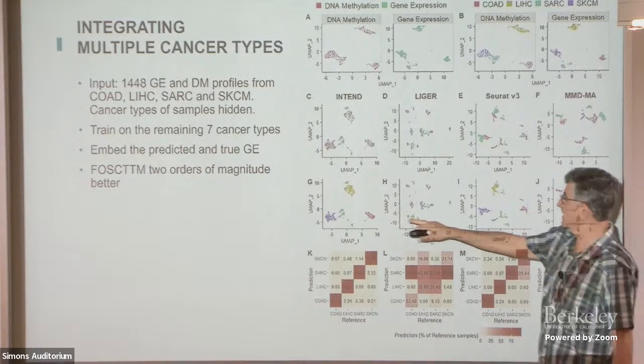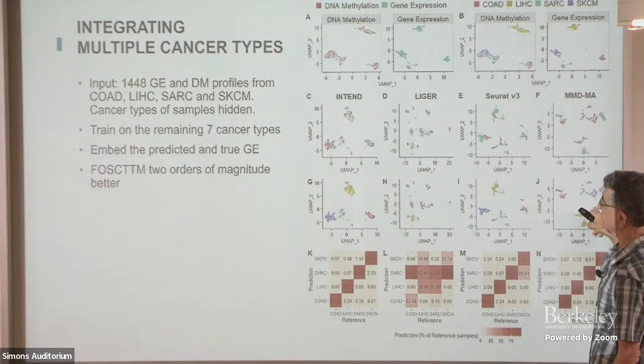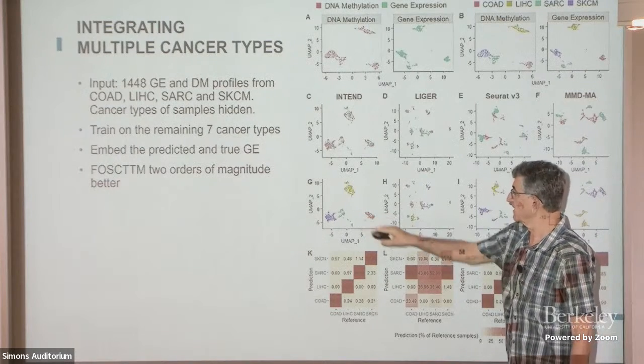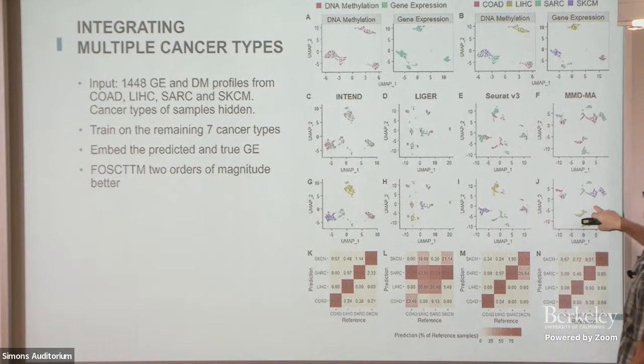And here, the samples are colored by the 4 cancer types, and we see that INTENT provides a very good separation. Actually, here MMD-MA provides good separation as well, but other methods less so.